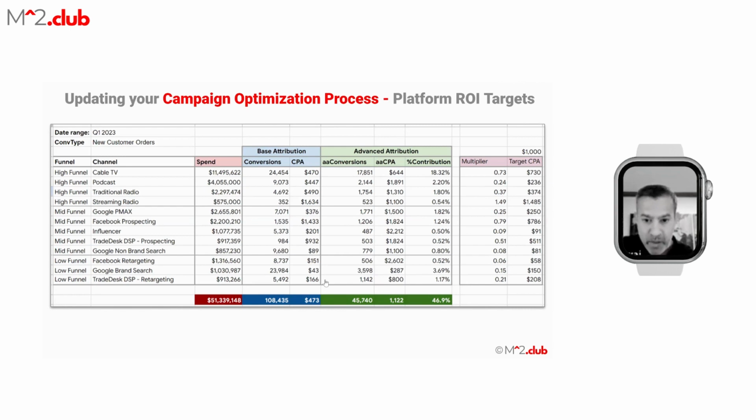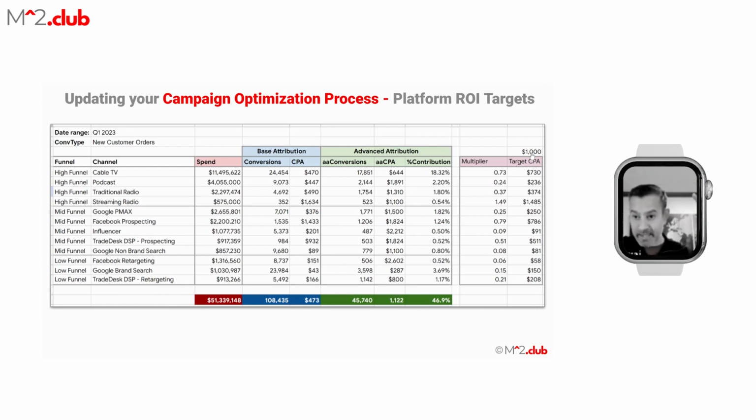Retargeting may be a good example. Maybe there is some room to spend more on retargeting in this particular case, even though this is not how I would manage it. But imagine if you had similar numbers for Facebook prospecting or some other mid-funnel channel, coming in at a $166 last click CPA, and the advanced attribution CPA is $800, but your target is $1,000. There's still some ROI room.